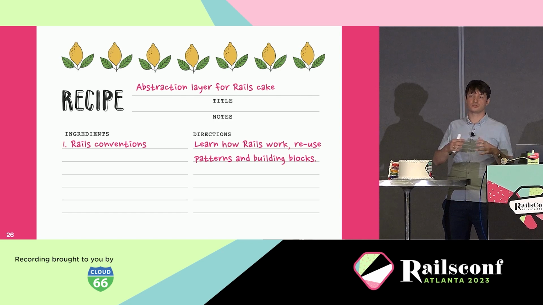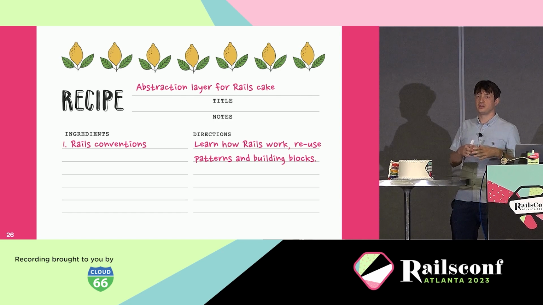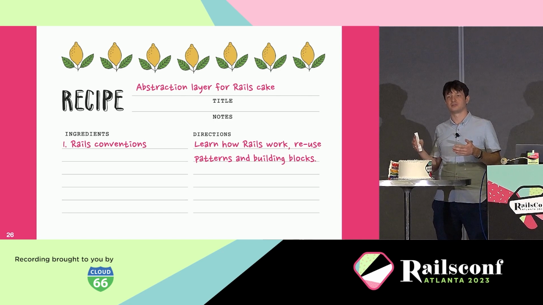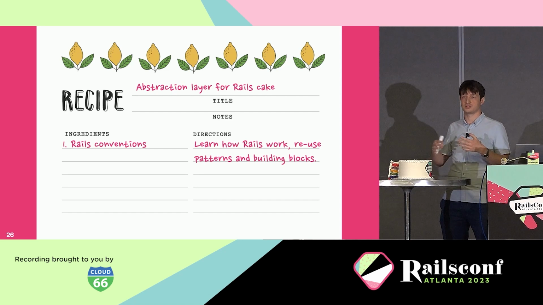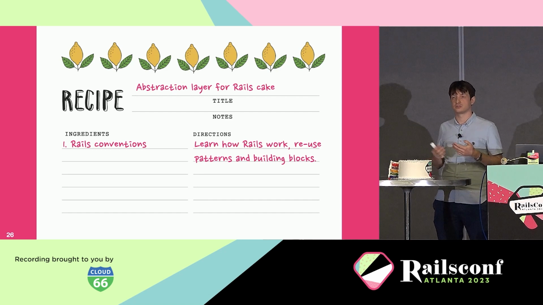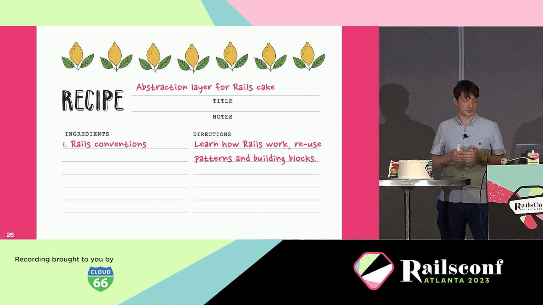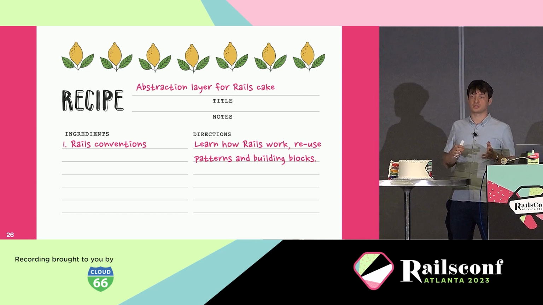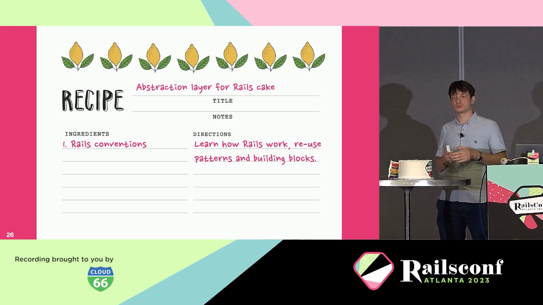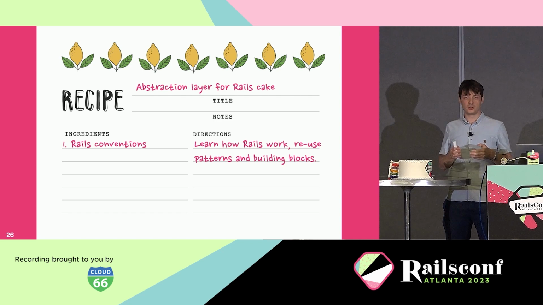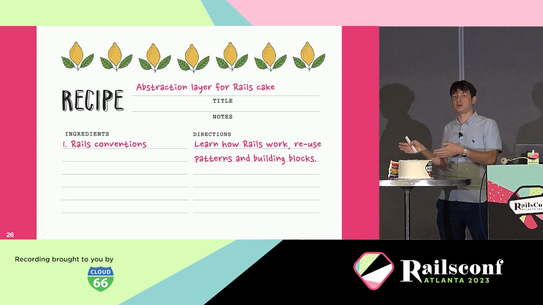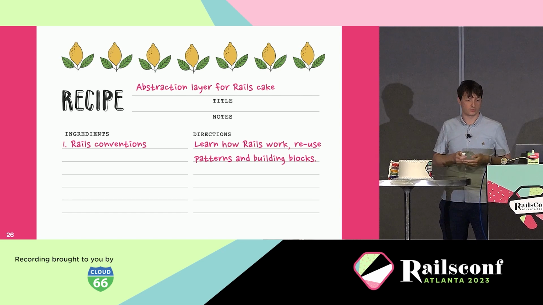Because if you don't know how Rails works internally, it's hard to come up with a similar level of abstraction and similar interface and similar ideas that are going to fit together well. So learning the framework is required for this recipe. And also reusing Rails building blocks like Active Model and Active Support tools is an important part of this. Because that would naturally lead to API interfaces similar to what we already have in Rails.